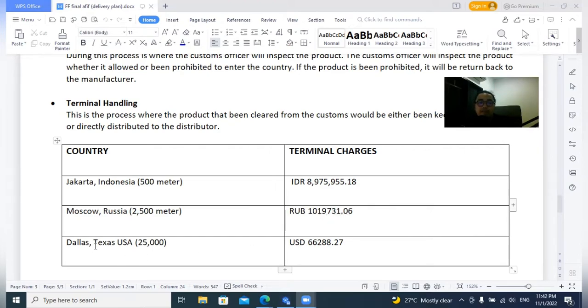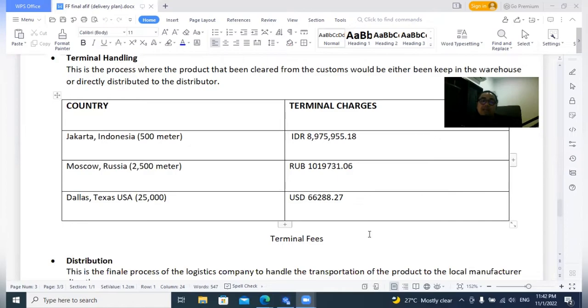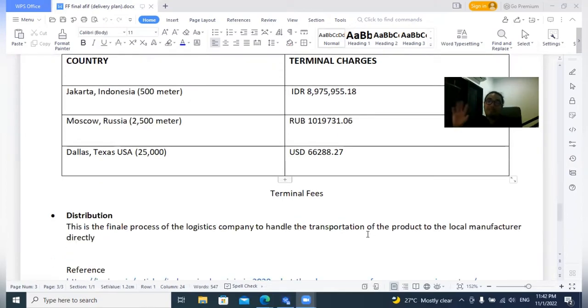And then for Texas, which is 25,000 meters, the amount is USD 6,66,288.27. So this is the price for the terminal fees that need to be cleared and paid during the export process.